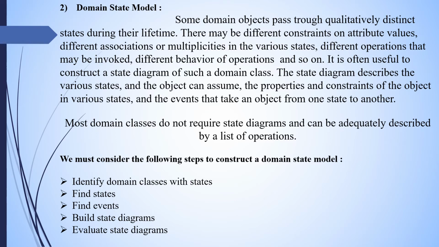Next one is finding states. List the states for each class and characterize the objects in each class, that is the attribute values that an object may have, the associations that it may participate in and their multiplicity, attributes and associations that are meaningful only in certain states, and so on.